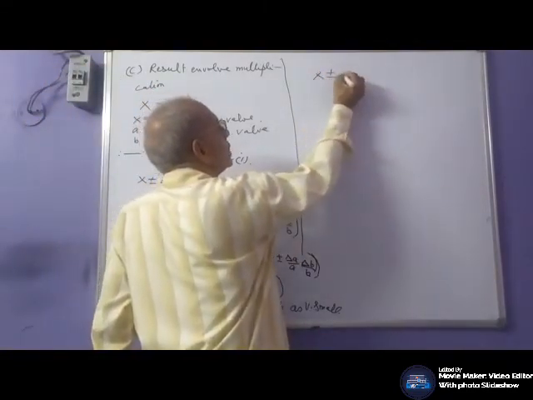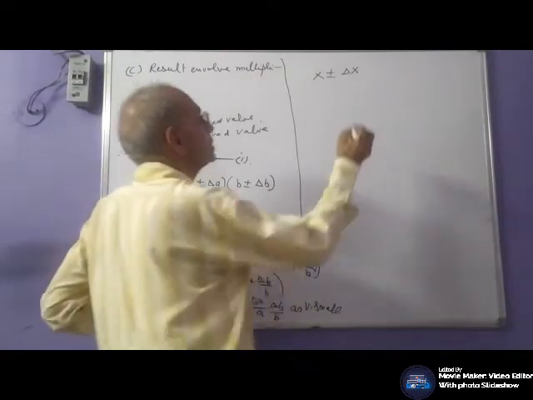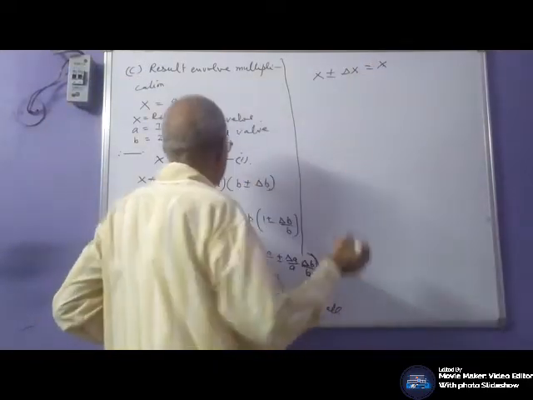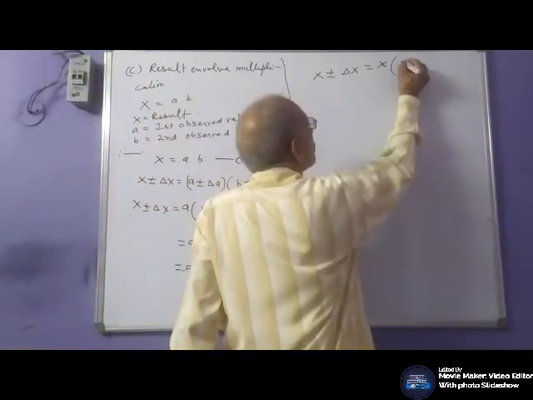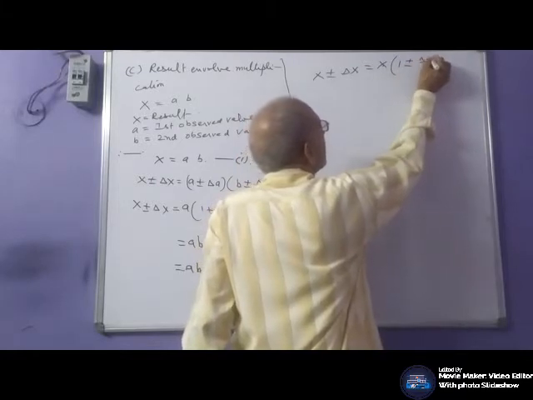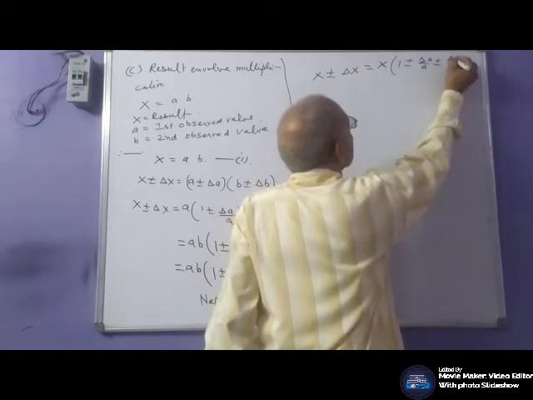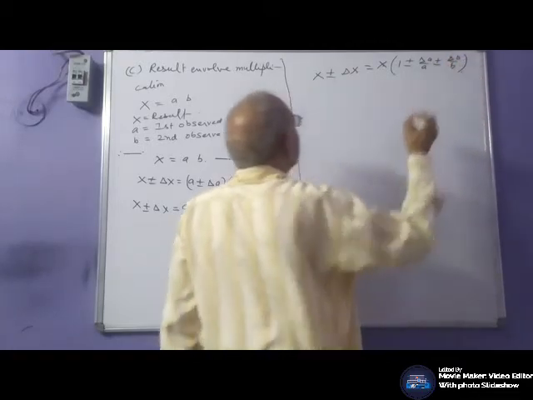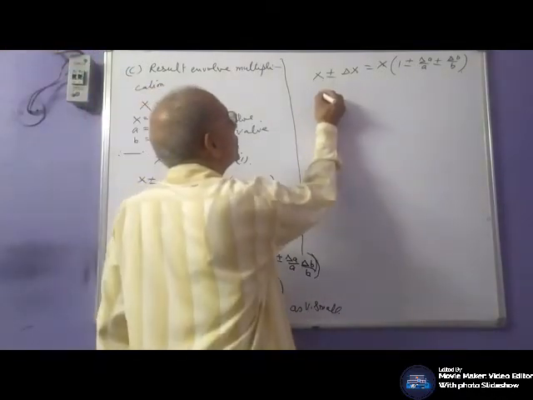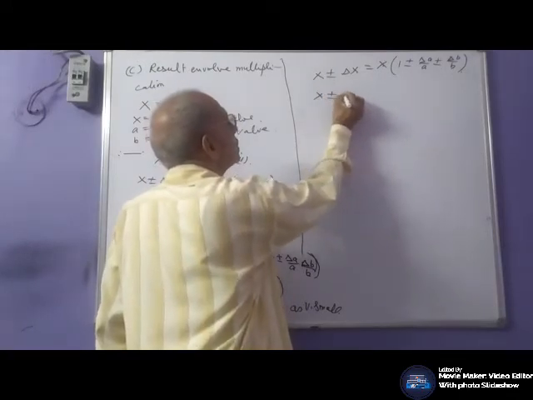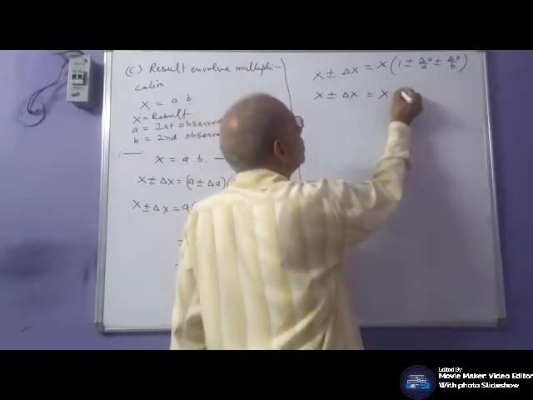X plus minus delta X. This AB is also X. What is AB? It is X. X times 1 plus minus delta A by A plus minus delta B by B. X plus minus delta X is X. Open this bracket also.